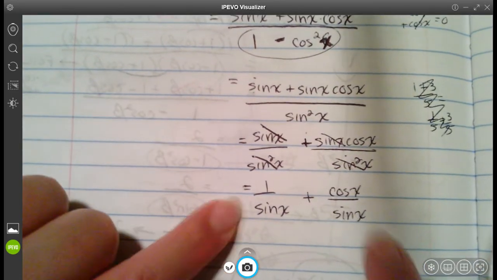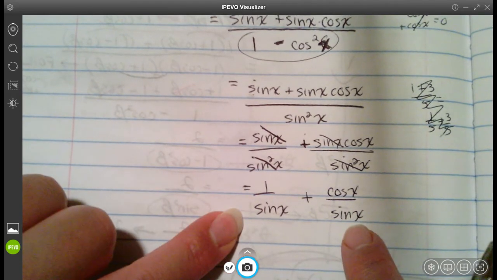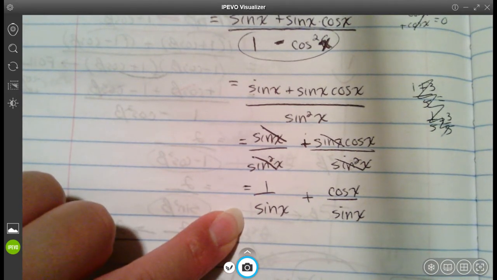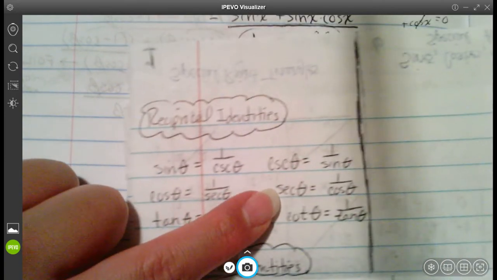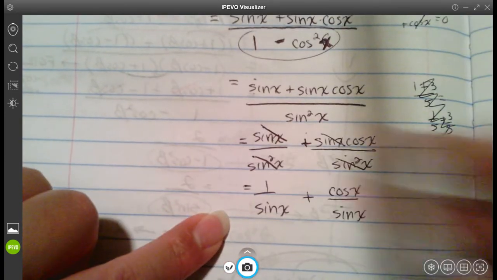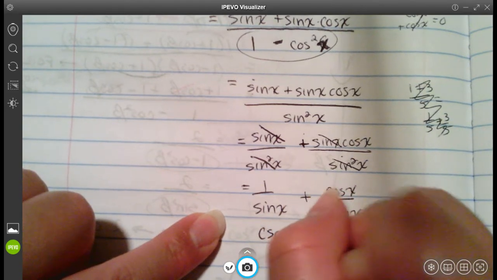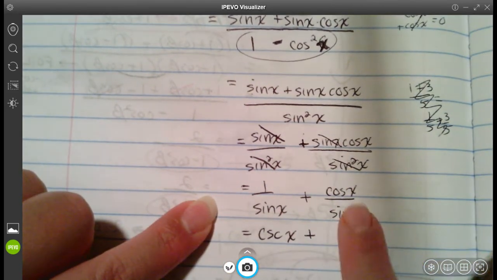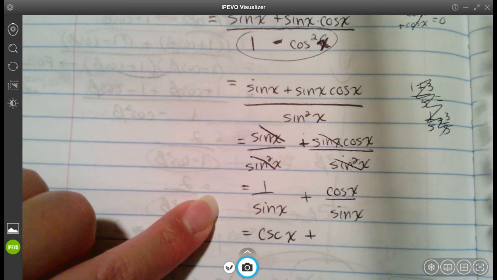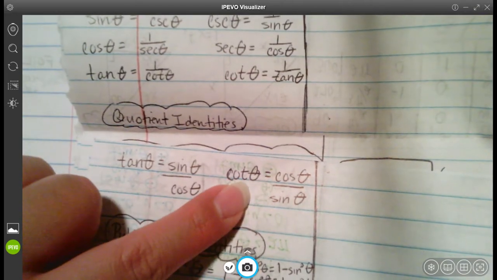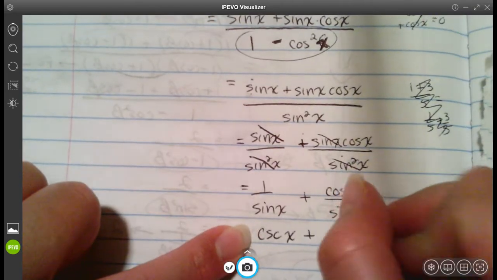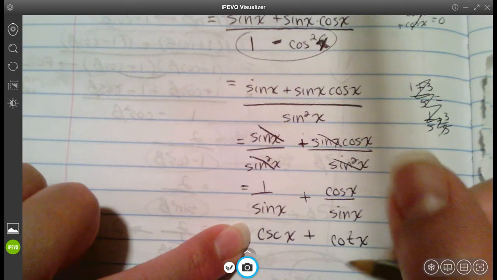And lo and behold, these are reciprocal and quotient identities. 1 over sine is cosecant, so we have cosecant of x plus cosine over sine, which is cotangent of x.